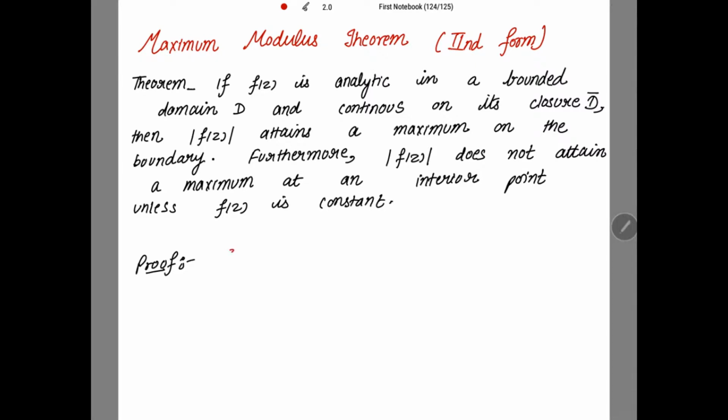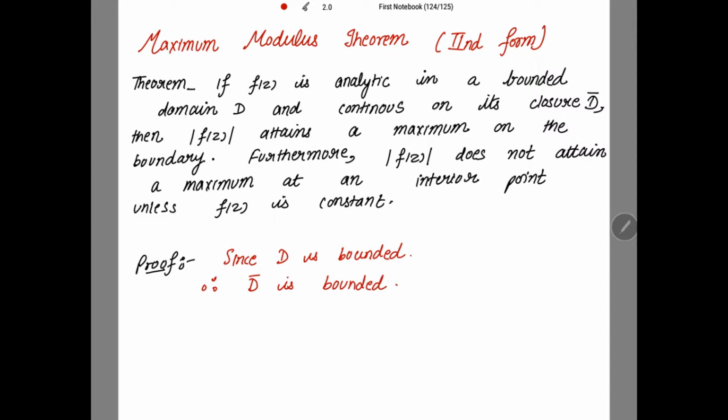Since D is bounded, D bar is also bounded, because D bar is nothing but the closure.